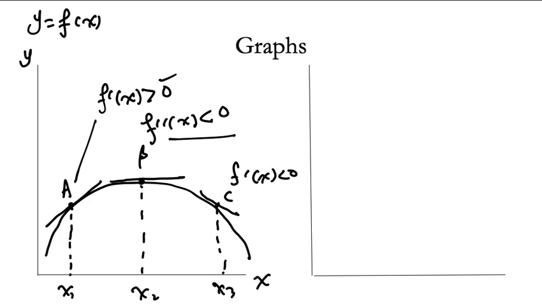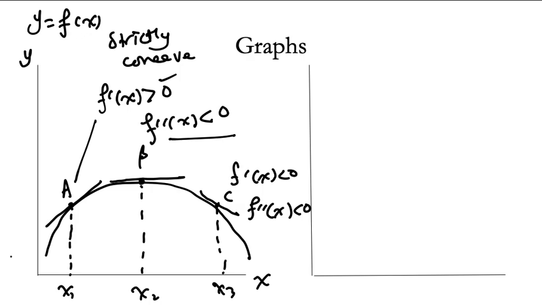Like an upside down bowl. And f double prime x is negative. Now, this kind of curve is what we call strictly concave. How to detect that a curve is strictly concave?